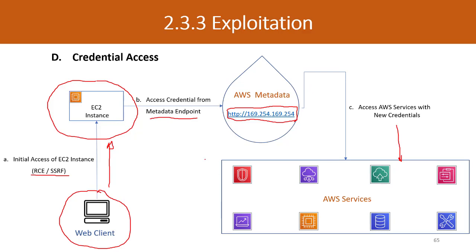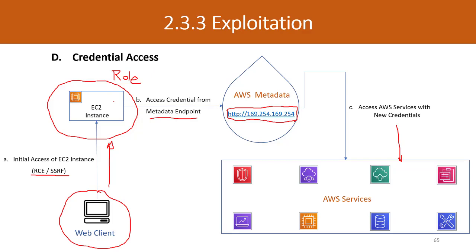In this scenario, there should be one condition: your EC2 instance should have a role. One role should be attached to this EC2 instance. Otherwise, it is useless to grab this credential, because the role defines what privileges this EC2 instance has in your AWS account.